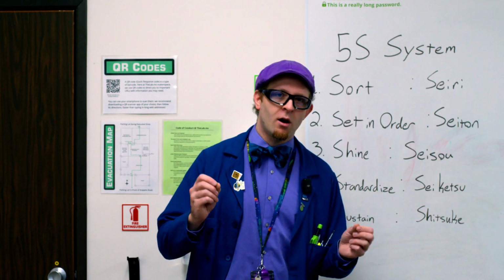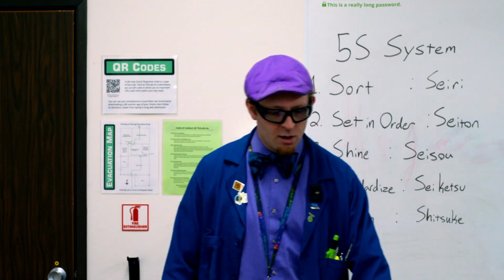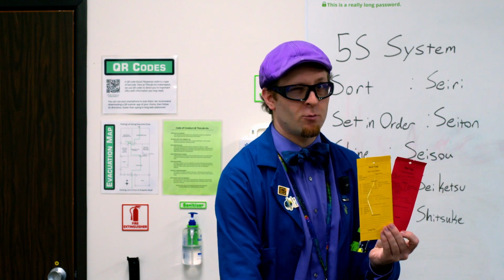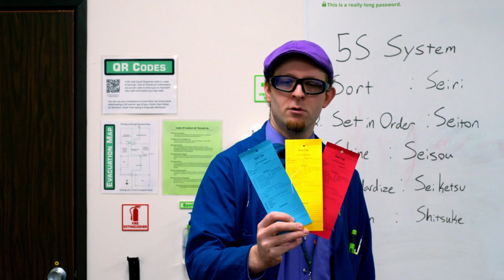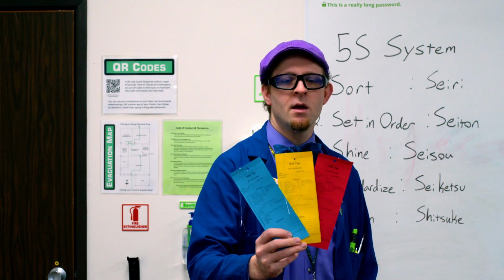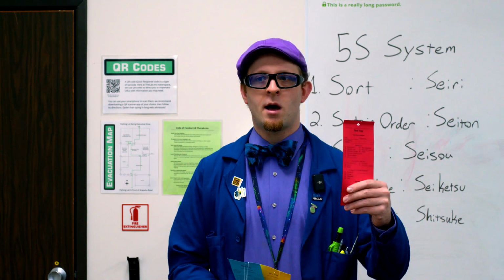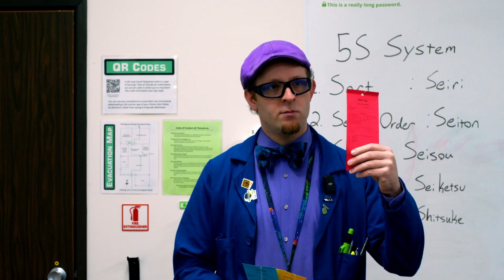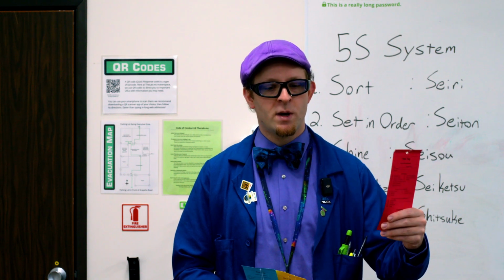When we are making these kinds of decisions, we will have what we call a red tag system, and in the Richardson Makerspace, a multicolor tag system. Ignore the red tags on each of these printouts. But as you can see here, we will have a blue, yellow, and red tag system. The red tag means: I have no idea what this is, I don't know its purpose, and I'm not sure how it's going to be used in my area or my space.